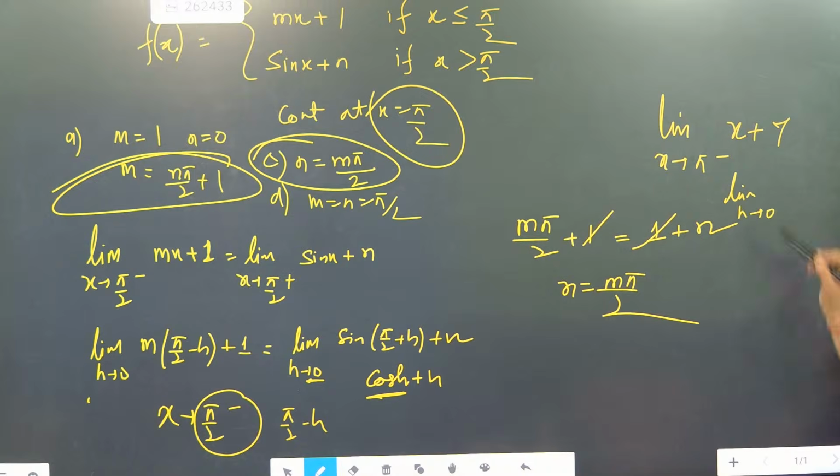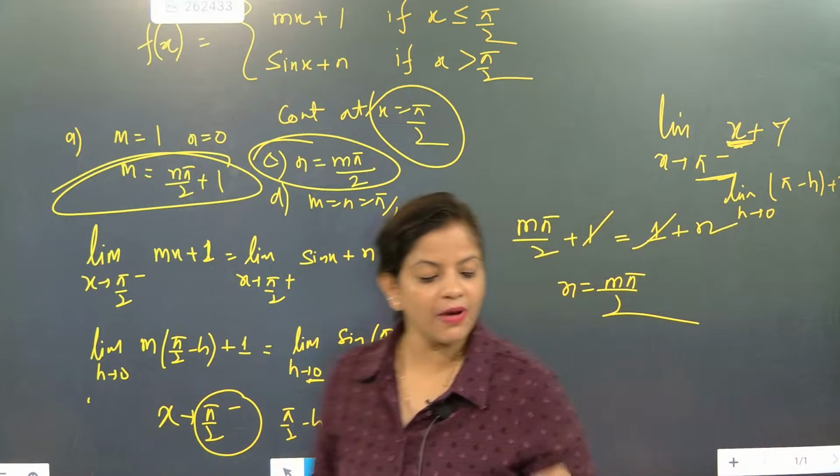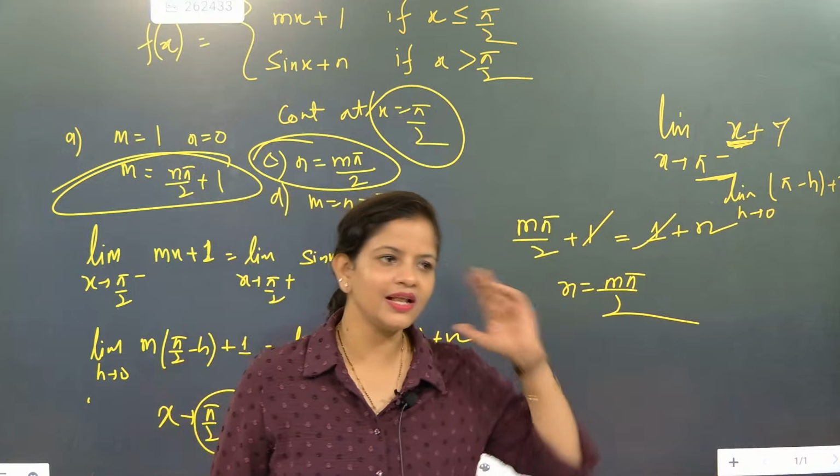Limit h tends to 0. Where x is there, only that place it will become pi minus h plus 7. Because minus was there, it will become pi minus h. Did you get this point? Minus was there, so what you wrote? Pi minus h. Okay?